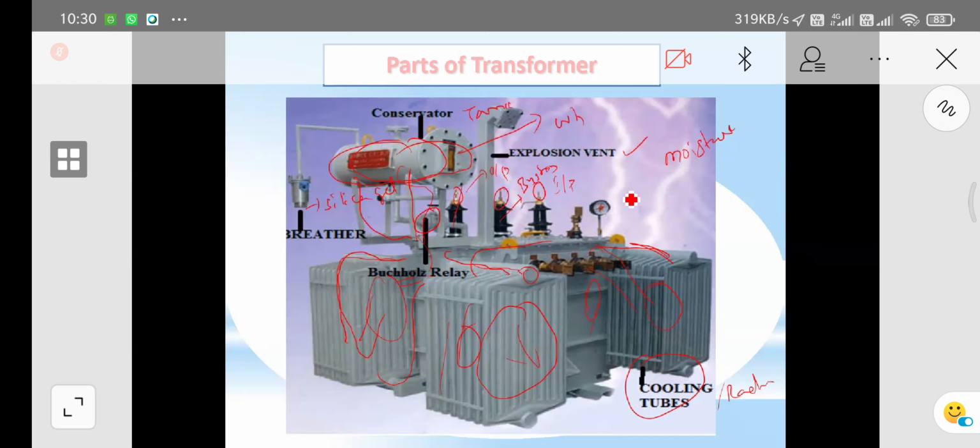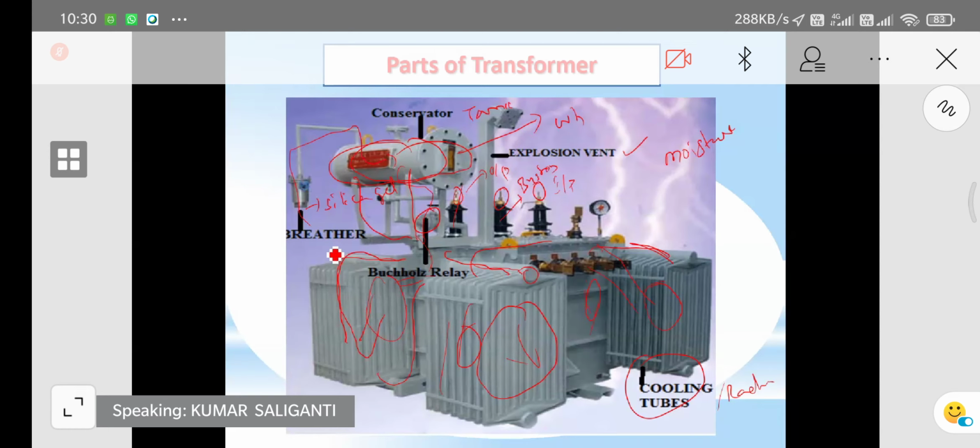The moisture can increase when the temperature variations cause expansion and contraction of the insulating oil, which then causes the pressure to change inside the conservator itself. Suppose the insulating oil encounters moisture, it can affect the paper insulation or may even lead to internal faults.